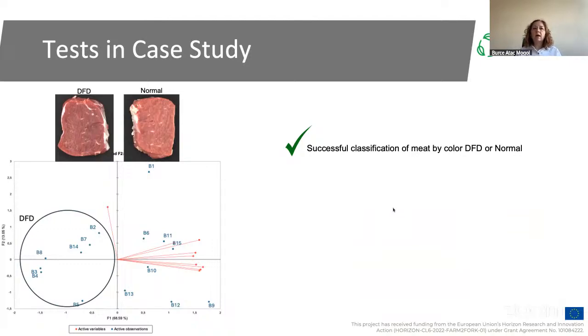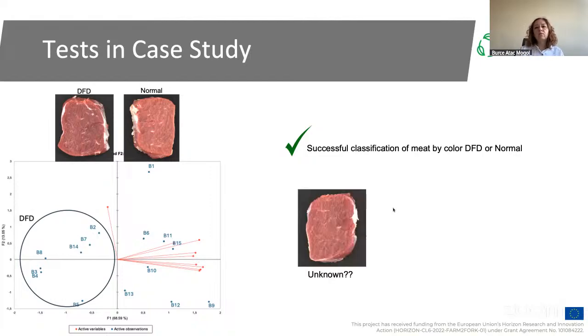And now we have the relation, we use the color information and we separate it into two groups. For example, we don't know if this beef is normal or low quality, but just by taking a picture and analyzing its color, we can say that it's DFD.